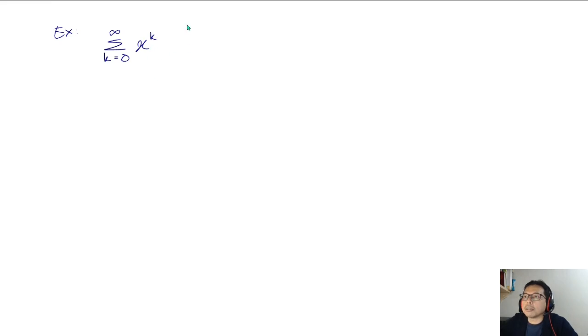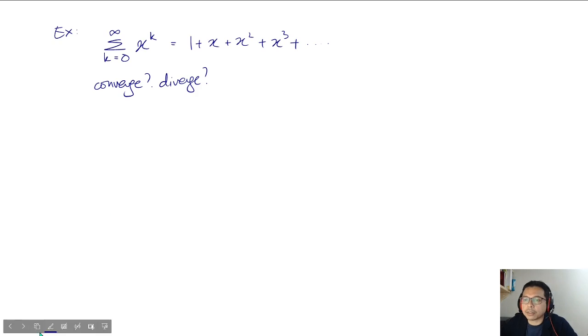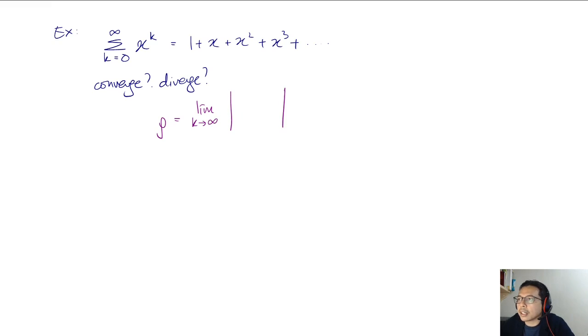The series will be x to the power of 0, which is 1, and then we have x, x squared, x cubed, and so on and so forth. Let's check whether it converges or diverges. Let's use the ratio test just now. We check rho, which is defined as the limit of the k plus 1 term divided by the kth term, remembering the absolute value.